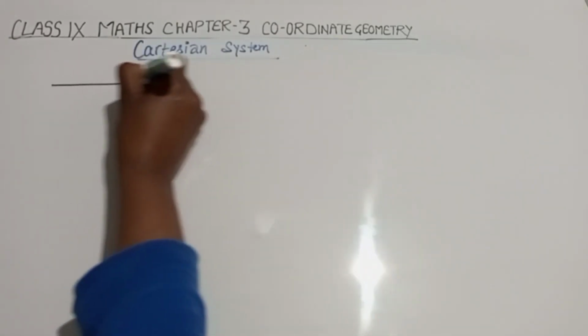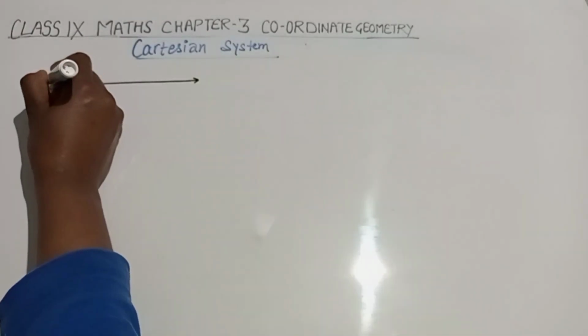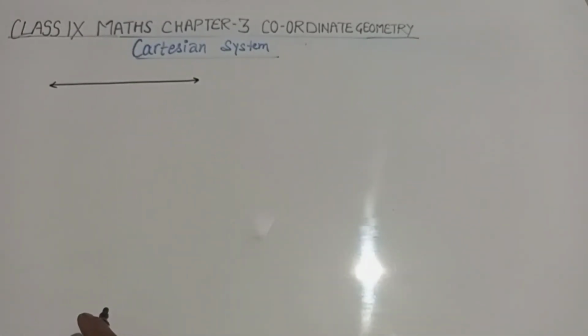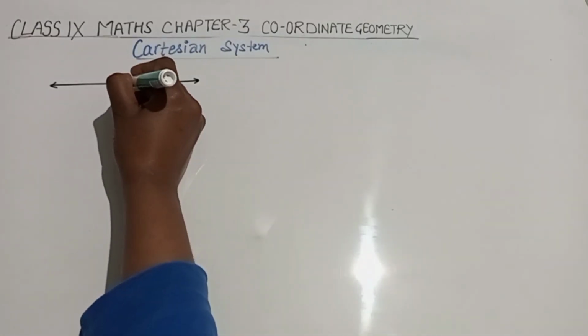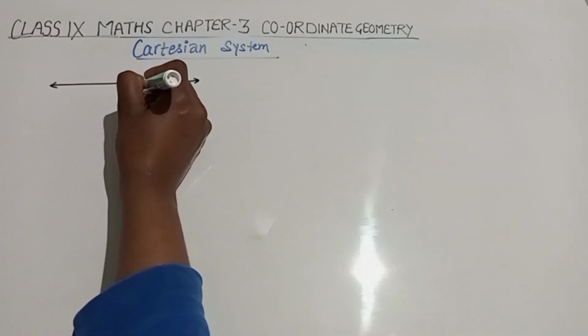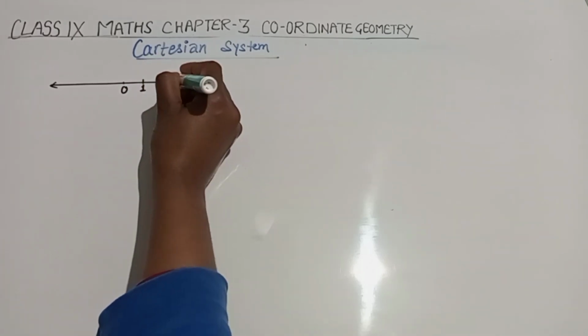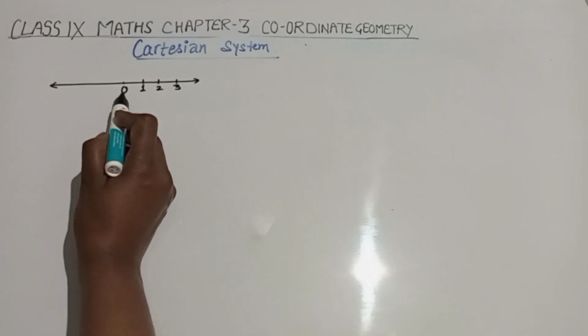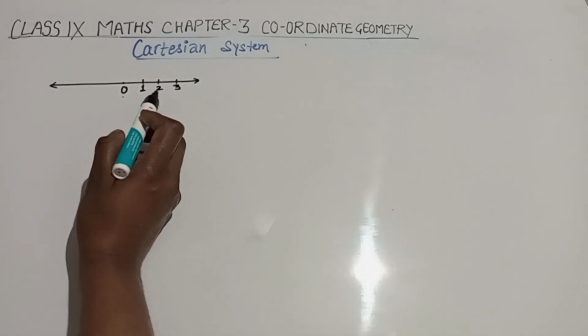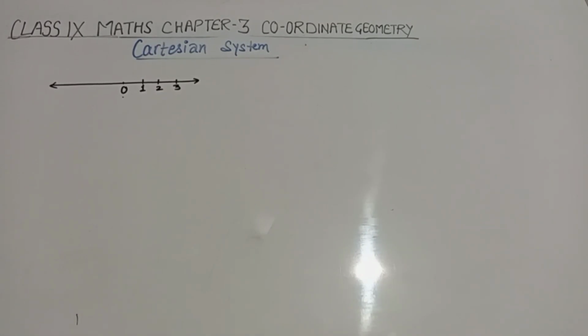If there is a number line, on the number line the distance from a fixed point, as we also gave you this information in the first video. If 0 is the fixed point, then from the fixed point each point is one unit distance from each other.